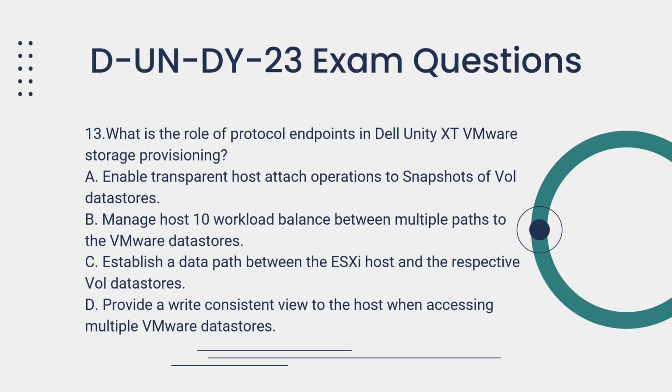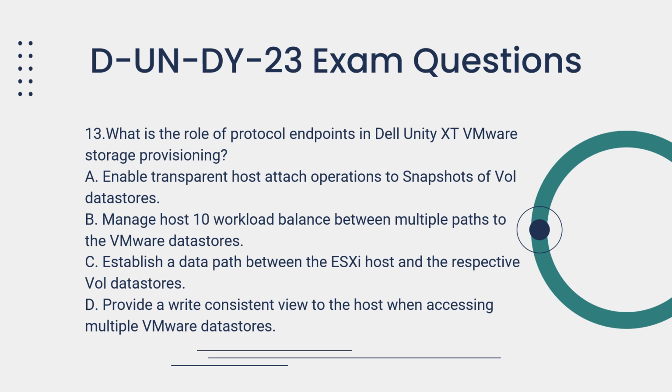What is the role of protocol endpoints in Dell Unity XT VMware storage provisioning? A. Enable transparent host attach operations to snapshots of volume data stores. B. Manage host IO workload balance between multiple paths to the VMware data stores.